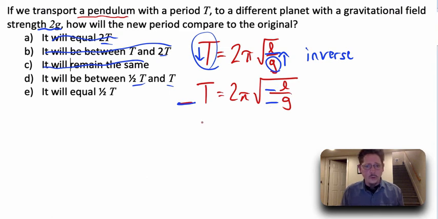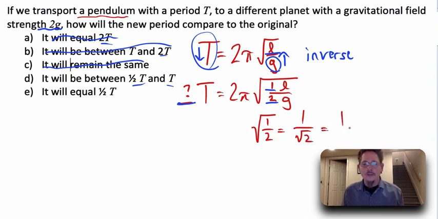So when I look in here, this time, length has remained the same. They haven't given me anything to indicate that length has changed. But g has doubled. And so, what's the new ratio? Well, square root of 1 over 2. That's 1 over root 2. And when I put that in my calculator, it's 1 divided by 1.41, which is around 0.709.